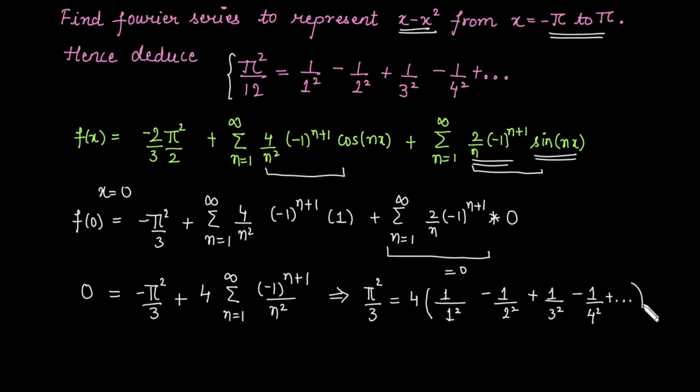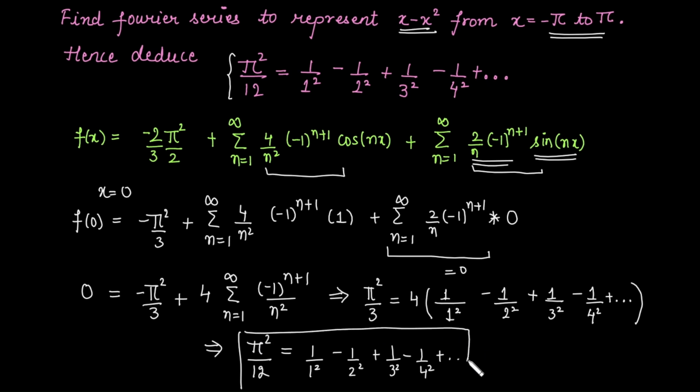Continue. Simplify this. This is equal to pi square by 12, taking this 4 over here, equal to 1 upon 1 square minus 1 upon 2 square plus 1 upon 3 square minus 1 upon 4 square plus so on. So finally, we are getting the expression as per requirement.